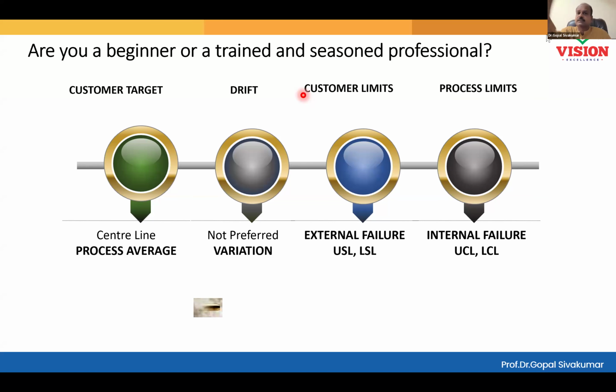But suddenly one case outside the control limit should be considered an out of control scenario, and action must be initiated immediately. That means an internal failure will get solved internally. It will never get passed on to the end user or external customer. Hope all of you understand what I'm speaking.